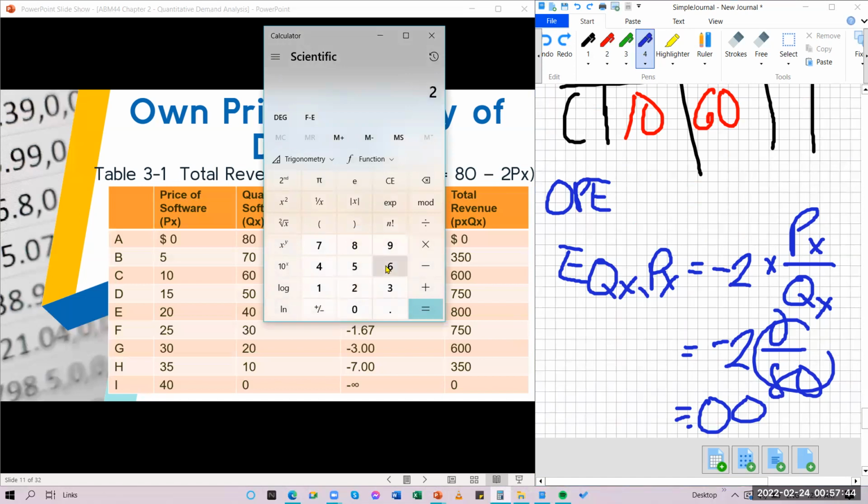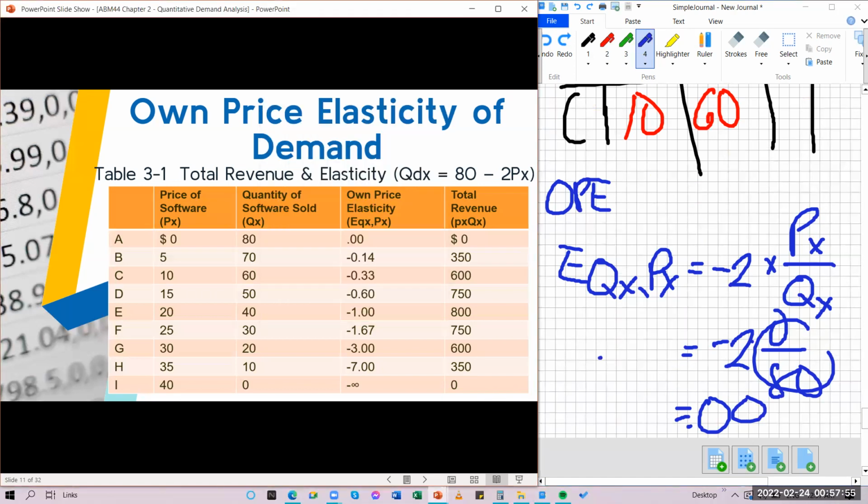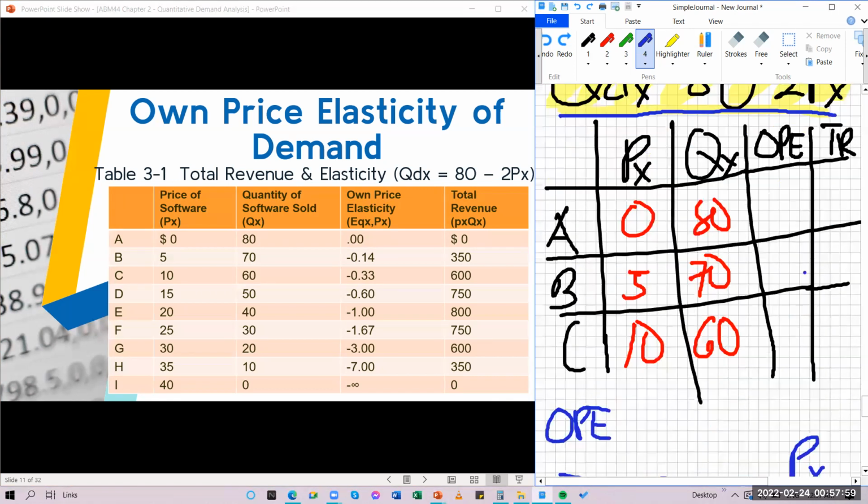Negative 2 multiplied by 0, divided by 80. So it would give us 0. So that is for the first one. So it is correct. So let's put it in the graph. We will have 0.00 on the price elasticity of demand.